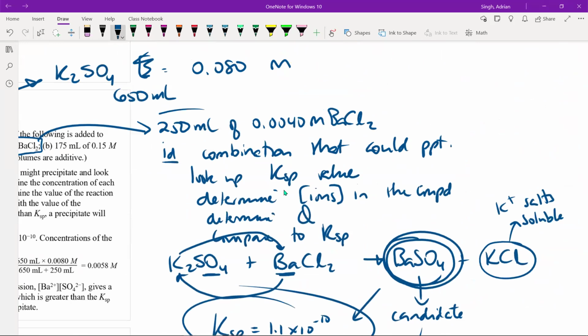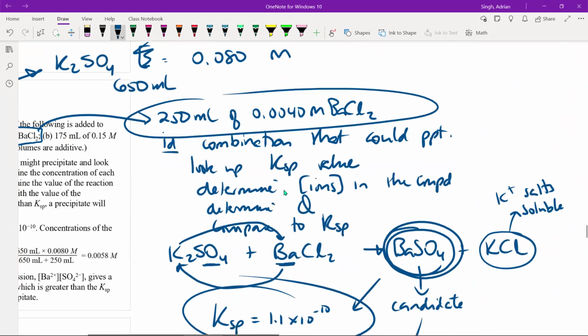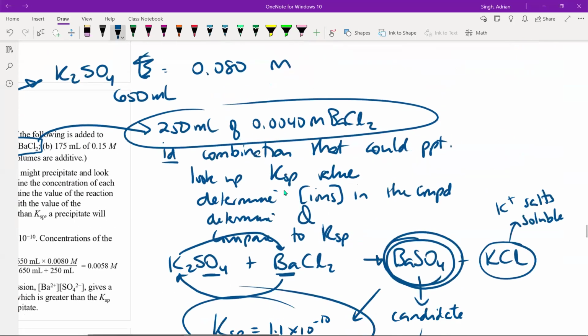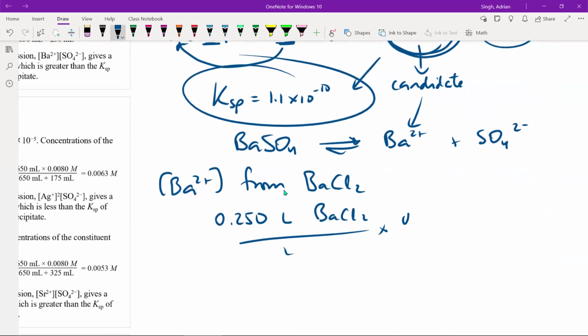That's this thing here. And we have 250 mL of the barium chloride. So 250 mL is the same as 0.250 liters of the BaCl2. We have the concentration as 0.0040 molar, 0.0040 moles of barium chloride per liter.